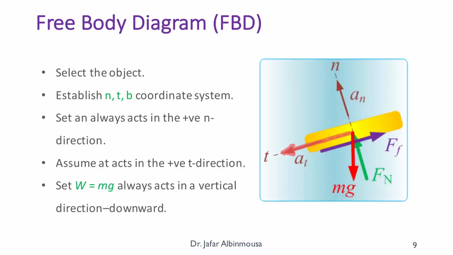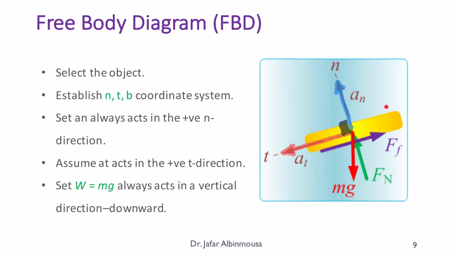Now we don't need to do a lot of work. All we have to do is to have a right angle in order to establish the normal direction, which is right there. It's perpendicular to the tangential direction. Of course, the tangential acceleration is going to go on the tangential axis and the normal acceleration is going to go along the normal axis.